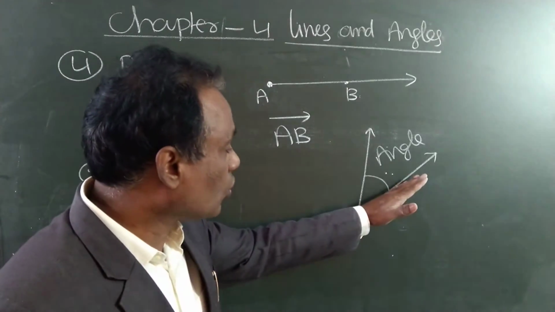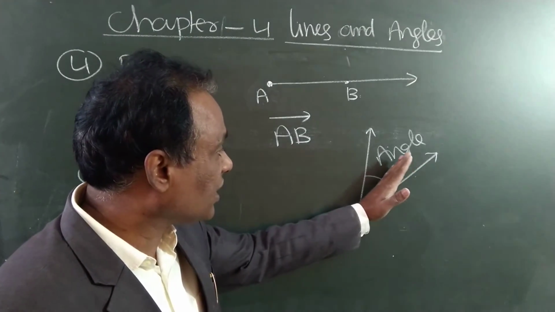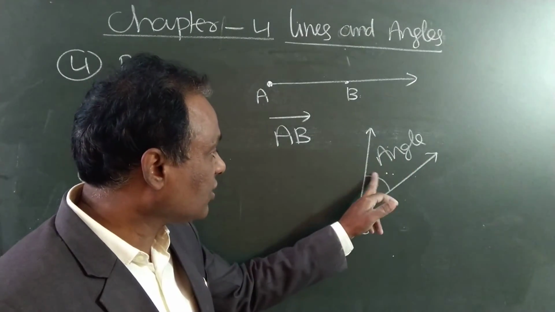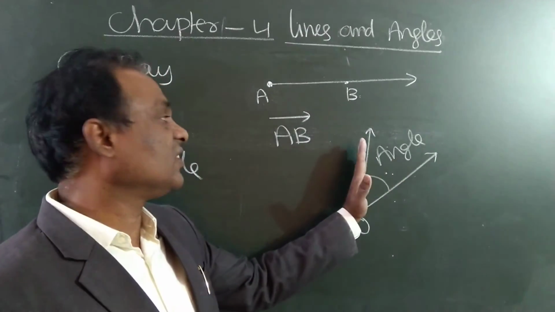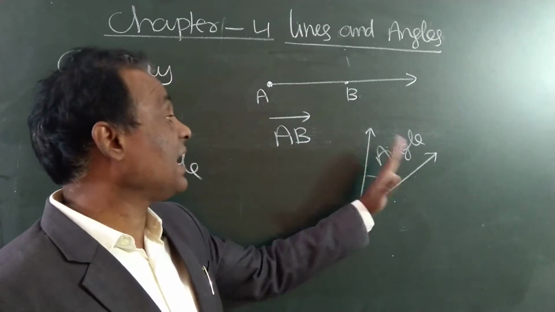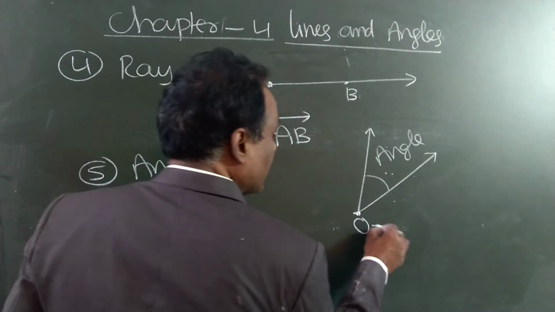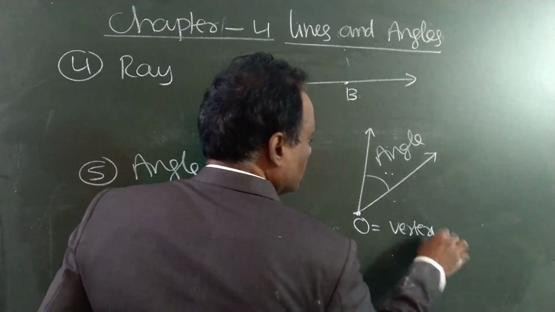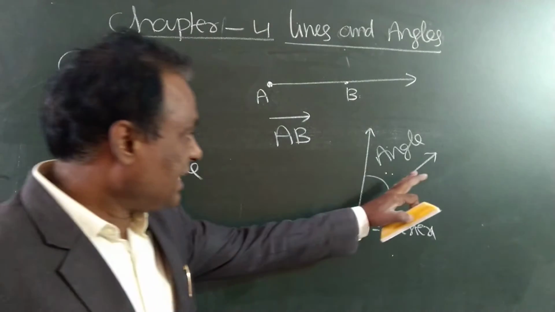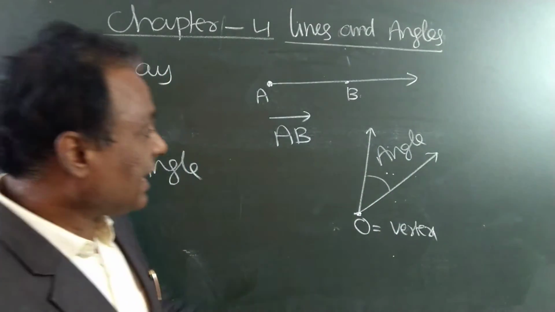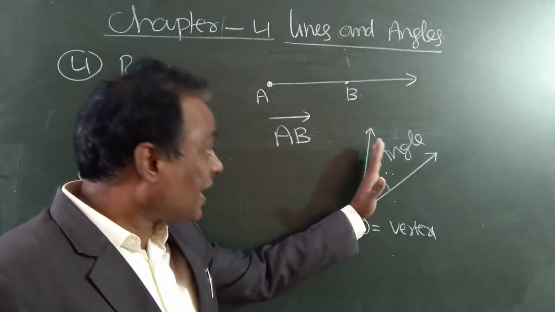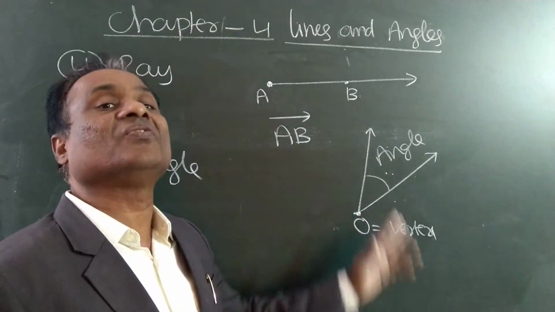Or if a ray is rotating with respect to the initial ray and stops here, the distance rotated is called an angle. This is the initial ray, this is the terminal ray, and this is the vertex. So if a ray is rotated like this, then an angle is formed.